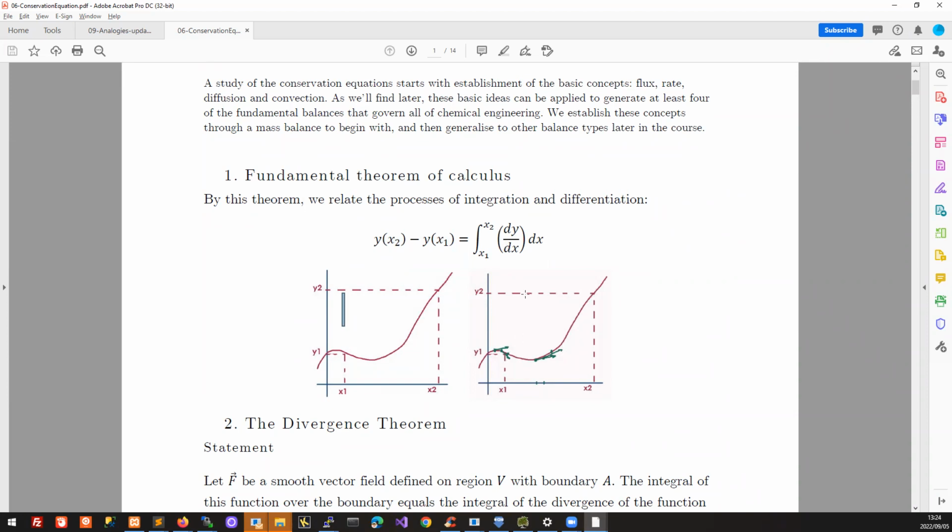So here's the integral. You are taking the derivative along the line and you are adding up all the changes, and that gives you the overall change.